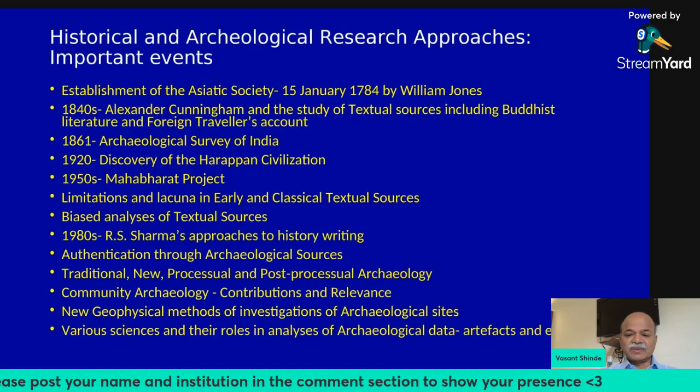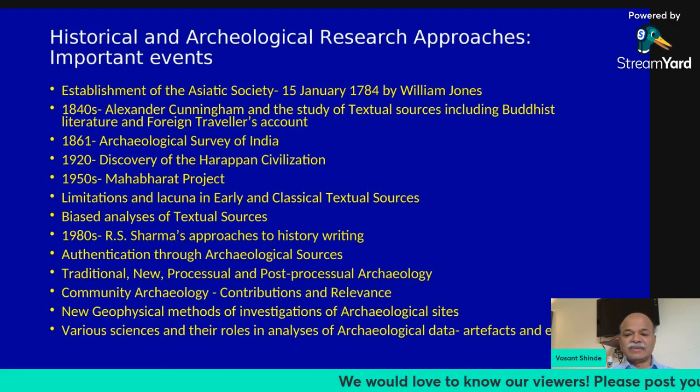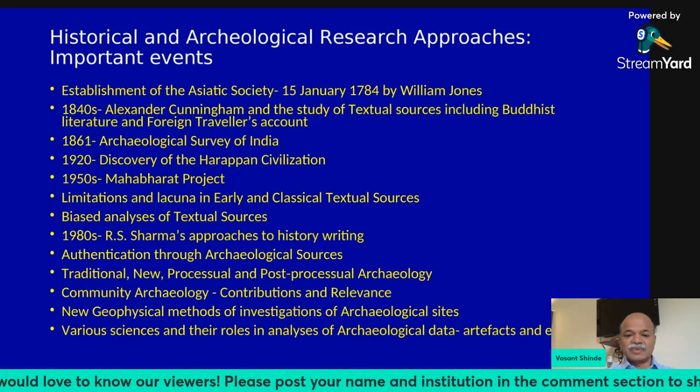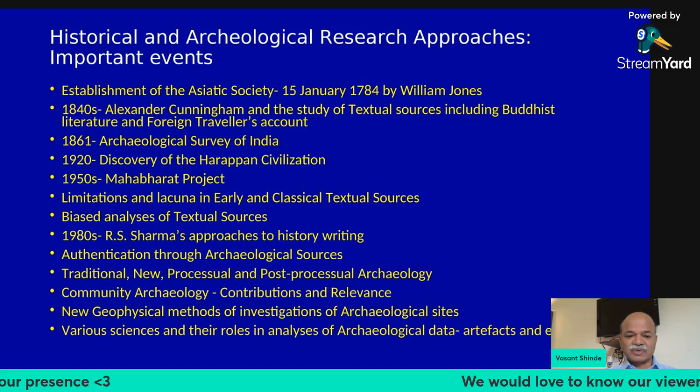So when he saw this evidence, he came to the conclusion that perhaps the Gupta age was not the golden age in ancient Indian history. Maybe Kushan was the golden age, and this was based on his comparative analysis and the approach that he undertook for his research. So this is an important methodology again. People may agree with him or disagree, but the methodology that was introduced is very important.